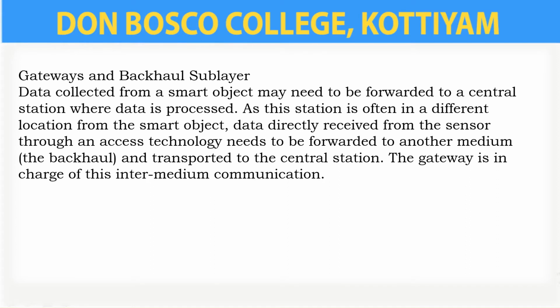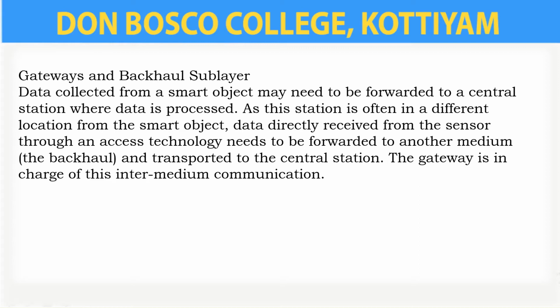So the second sublayer of the communication network layer is the gateway and backhaul sublayer. We know that data will be collected by the smart objects, and the data collected from a smart object may need to be forwarded to a central station where the data is being processed.